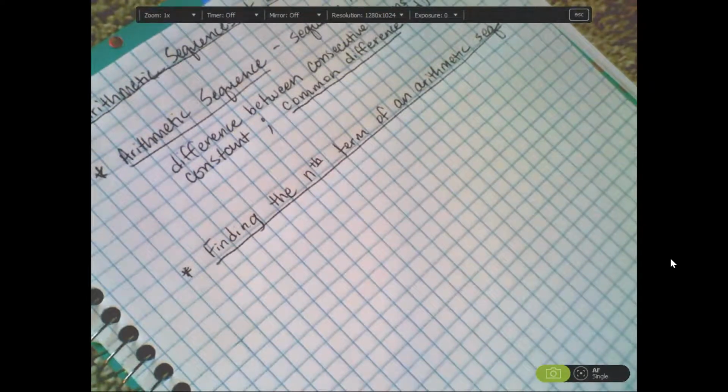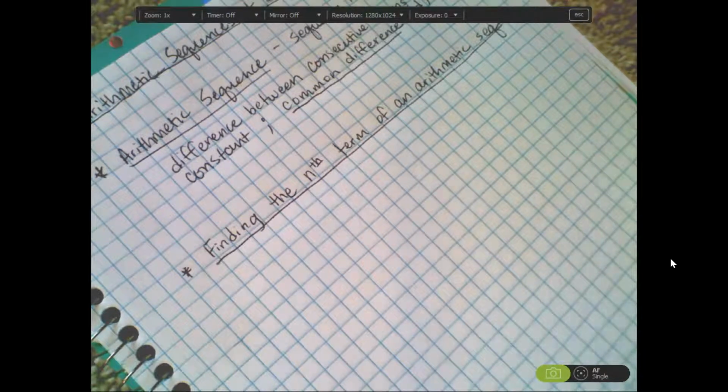We had an explicit formula and we had a recursive formula. So if you remember, explicit just gives you the rule and it has an n or an x or whatever in there. And if you want to find the 4th term, you just plug in 4. If you want to find the 20th term, you just plug in 20. The flip side to that was the recursive formula.